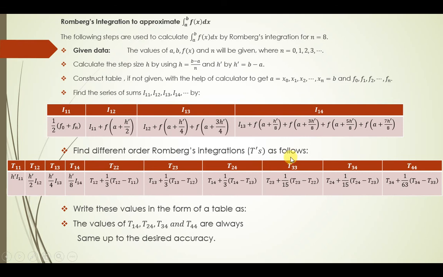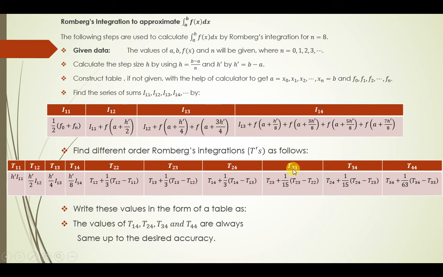Now when we go towards T33, that multiple will become 1 by 15. So 1 by 15, T33 and T34 contain the same multiple 1 by 15. This is T23.